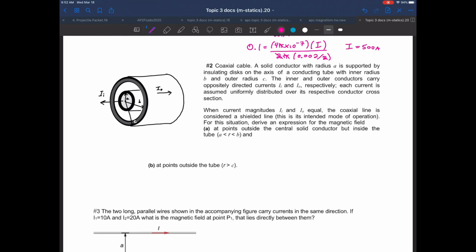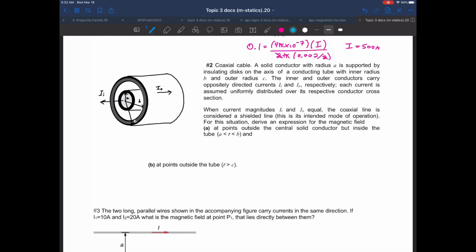Onward. So we have a coaxial cable, which means that there is an inside wire and an outside wire. As you can see, they carry currents in different directions, outside and inside. Outside is to the right and inside is to the left, which means they will make magnetic fields that are in opposite directions.